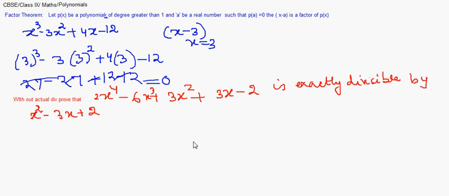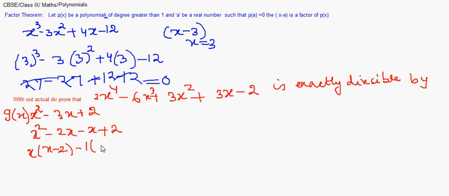Now we have this as our g(x). g(x) can be written by splitting the middle term, because we need to find the factors of g(x), giving x minus 2 times x minus 1 ... so the factors become x minus 1 and x minus 2.